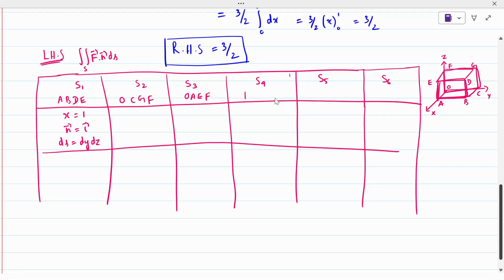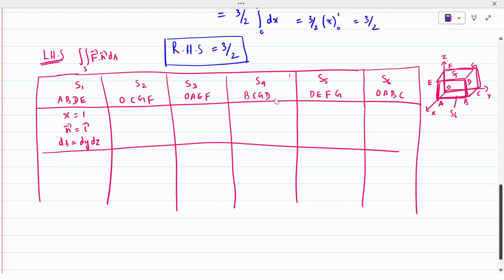B, C, G, D. Okay, my fifth surface will be the top. This fifth surface is D, E, F, G. This is the last surface O, A, B, C.